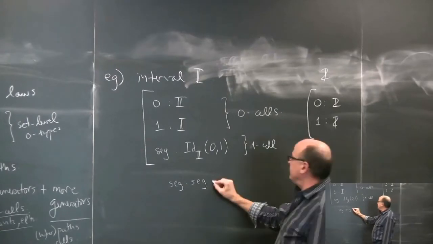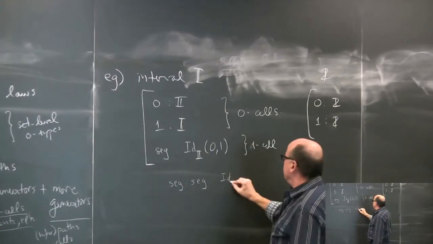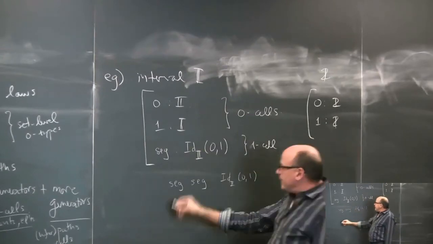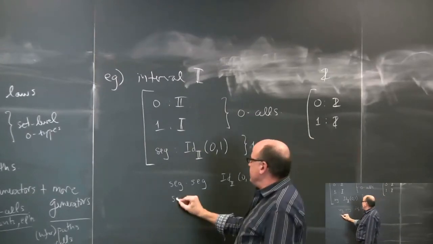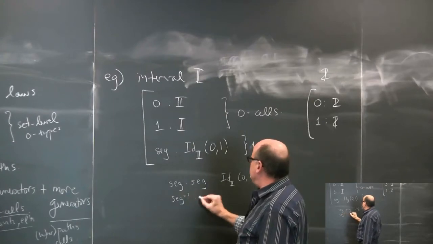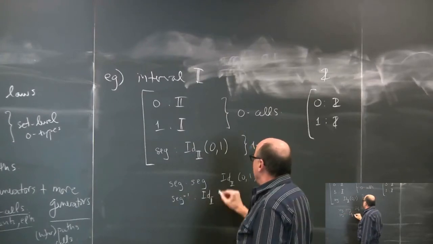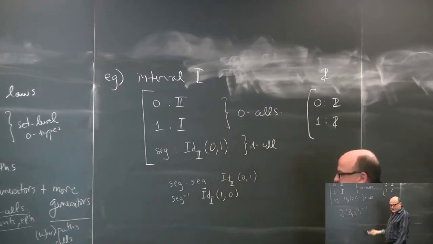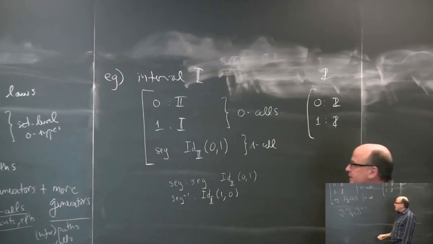That's going to be a path in I from 0 to 1 as well, by virtue of the fact that seg is. And other things like seg inverse will be a path from 1 to 0, and all sorts of multiplications of these, et cetera, that you could imagine.